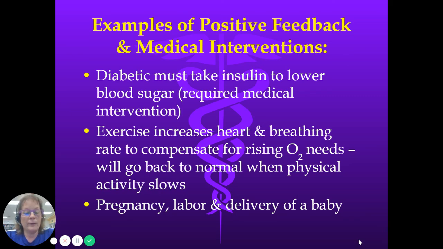What's good is hopefully, once that baby is delivered, your body's systems will come back to normal. Sometimes they're slow, like that uterus contracting back to normal size can take a while, but hopefully everything will go back to normal. And in that case, when it does start coming back to normal, that's when your negative feedback has kicked in to try to help bring everything back to set point.